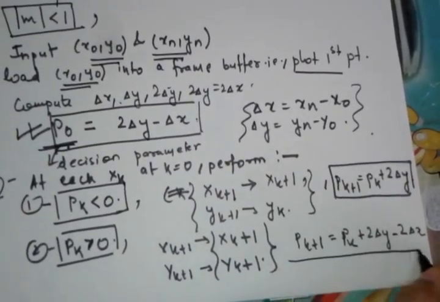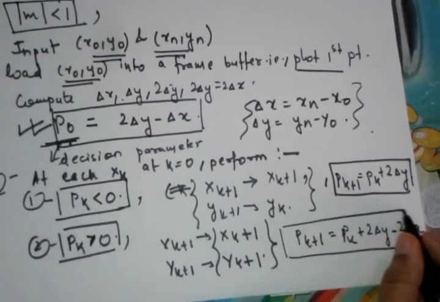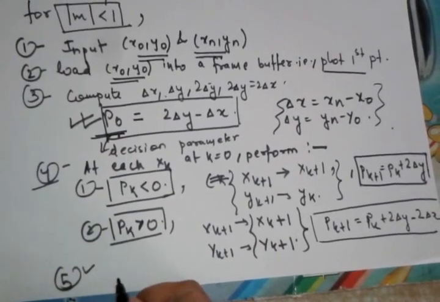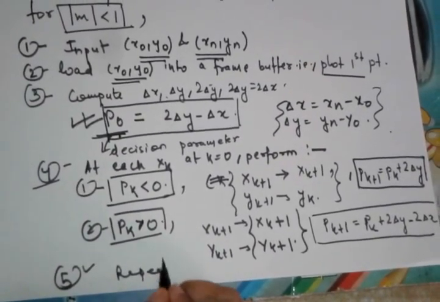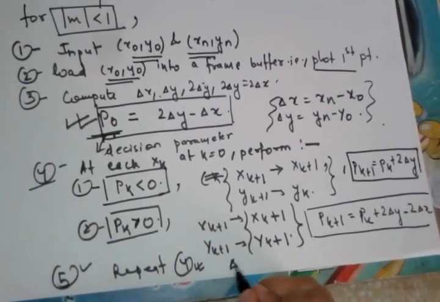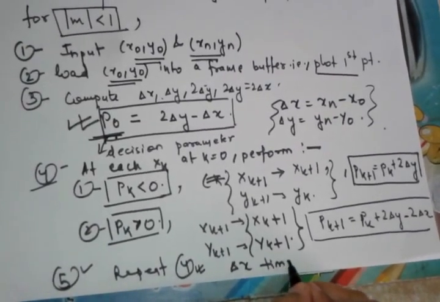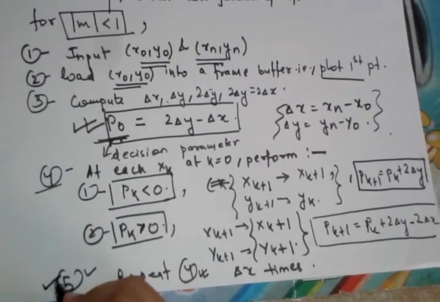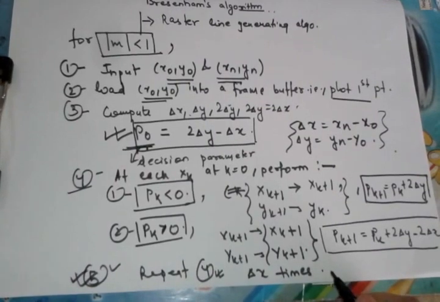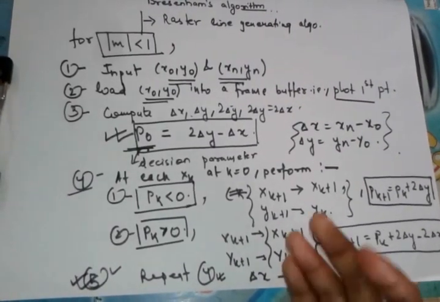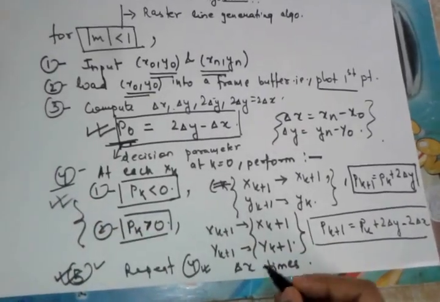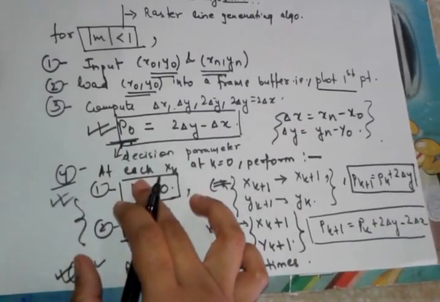The fifth step is we repeat step 4 del x times. This step is very important because many students don't know how many times we will perform step 4. So del x times we have to perform step 4.